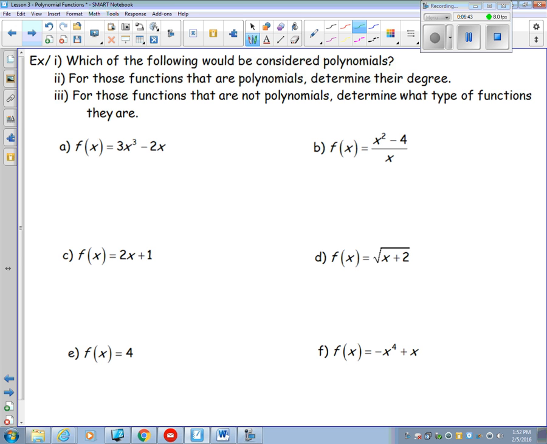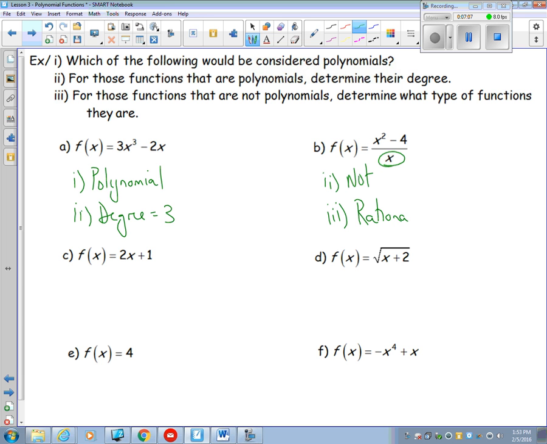This first one is a polynomial. All my exponents are positives, they're all whole numbers, and the biggest one is the 3, so my degree is 3. Letter B, it's not a polynomial. I know that because I have this x on the bottom. That is a rational function.